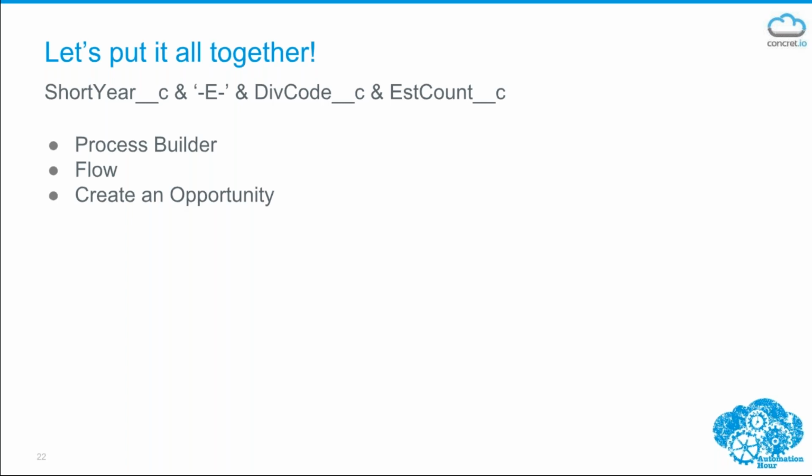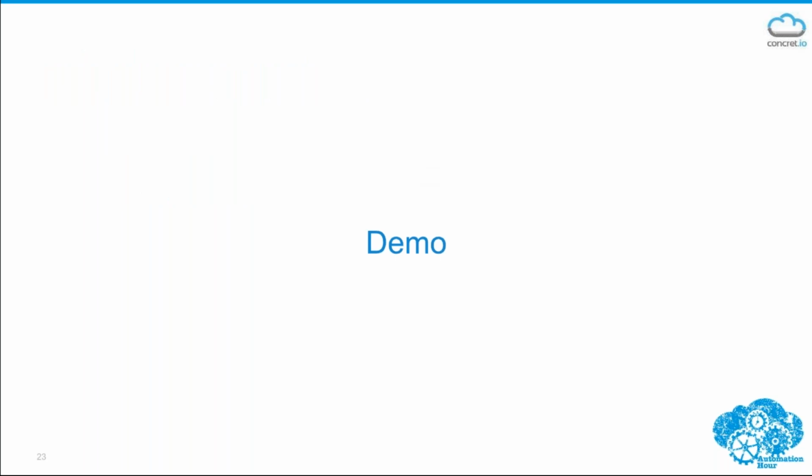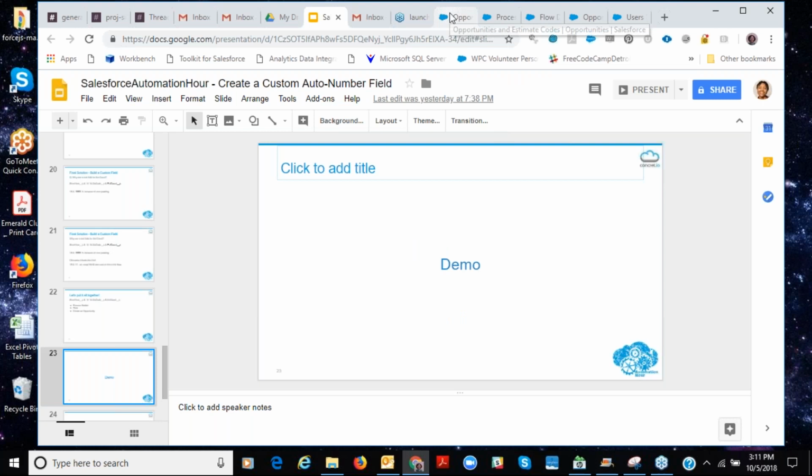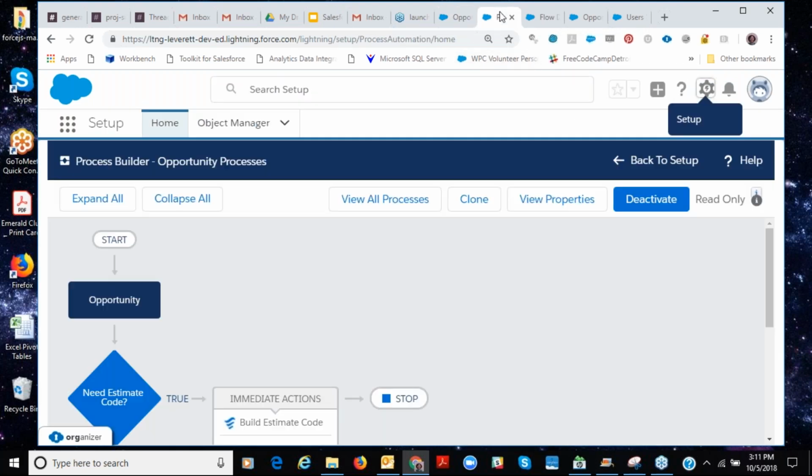So we're going to put this all together and show you how to work with all these pieces, how we come up with these fields and make them nice and robust. I'm going to do a demo, starting with our process builder.